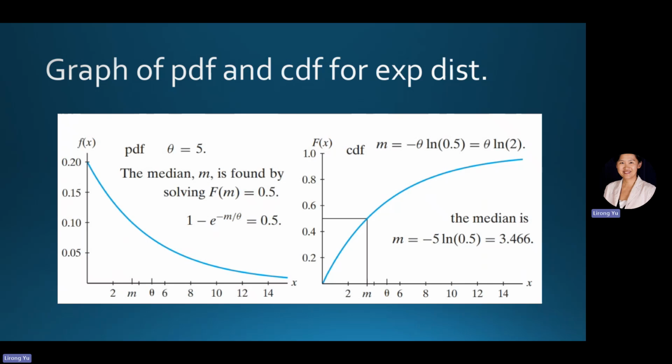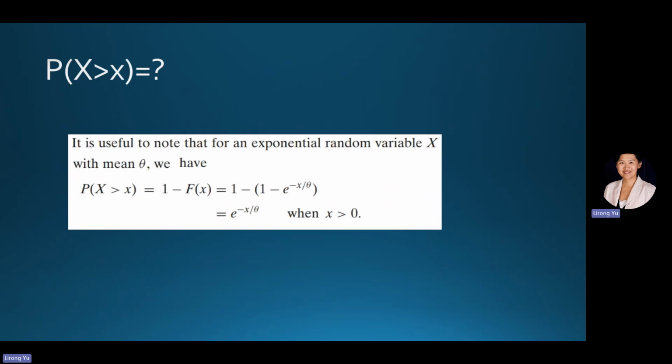This is a picture of the PDF on the left and the cumulative distribution function on the right. Now, for the exponential distribution, you may need the probability that the variable is larger than a certain value. You do 1 minus the CDF, but the CDF has 1 minus already, so the 1 cancels, leaving e to the negative x over theta. So we have a shorter way to calculate the probability of X being bigger than a number.